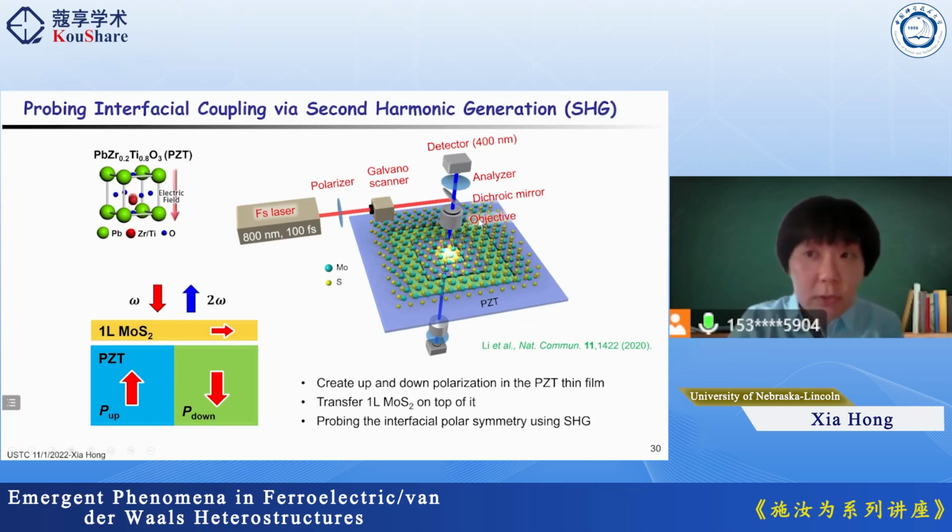The initial thought is we should not see anything, because if I put myself in the incident light's point of view, there's indeed a broken inversion symmetry for the molybdenum disulfide. But for PZT, because the polar axis is along the propagation direction of the light, we do not expect any symmetry breaking. So is that the case?